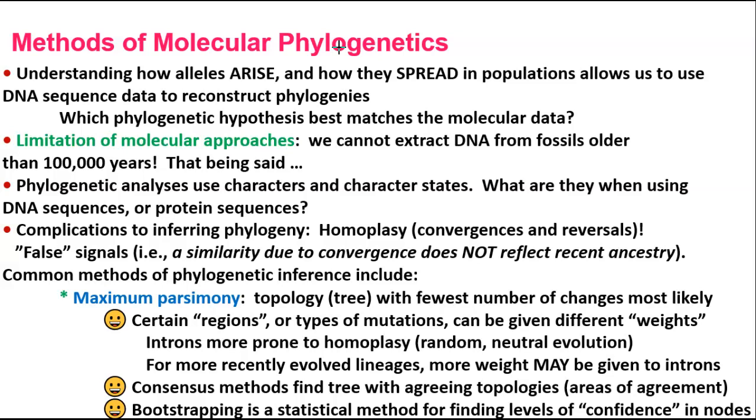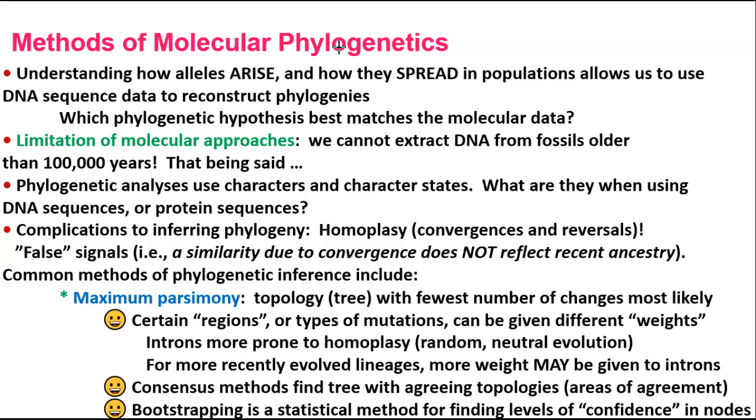And the last thing that I'm talking about here is bootstrapping, a complicated statistical method for finding levels of confidence in nodes. How bootstrapping is done is something I don't want to get into here. You certainly can read about it in your book.